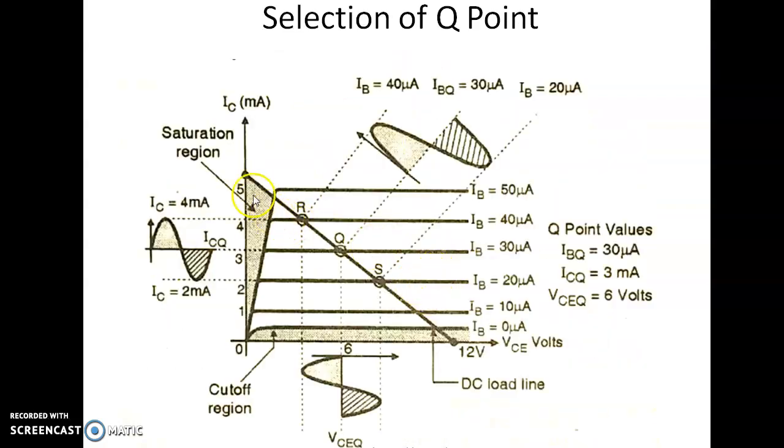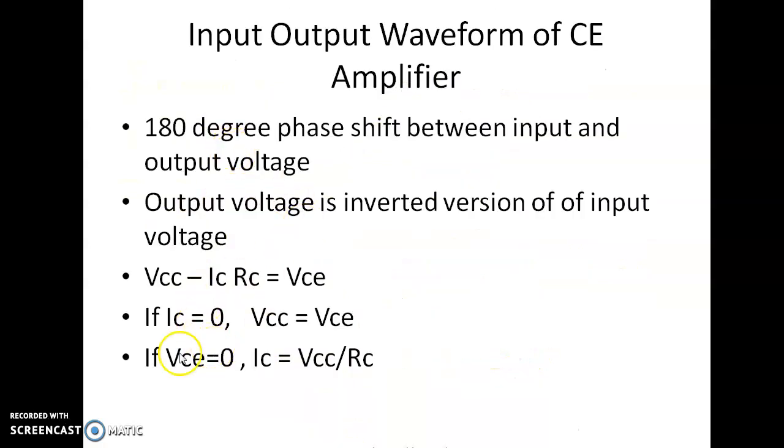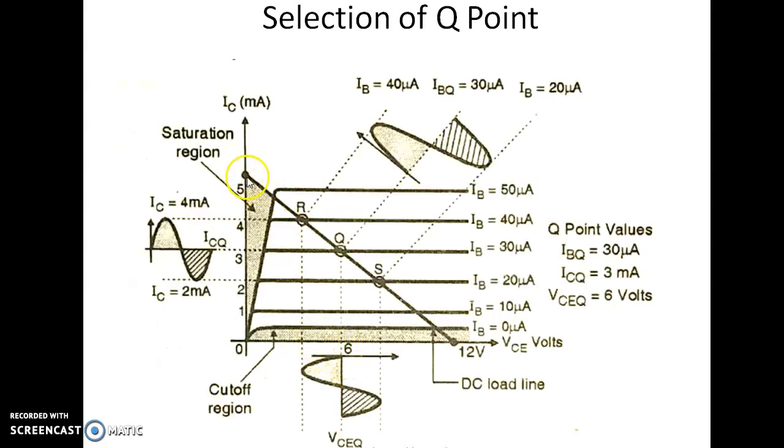So we are finding 2 points, on the x-axis VCE is equal to VCC when IC is equal to 0, and when VCE is equal to 0, IC is equal to VCC upon RC. By connecting these 2 points, we get one line, and that line is called the DC load line.